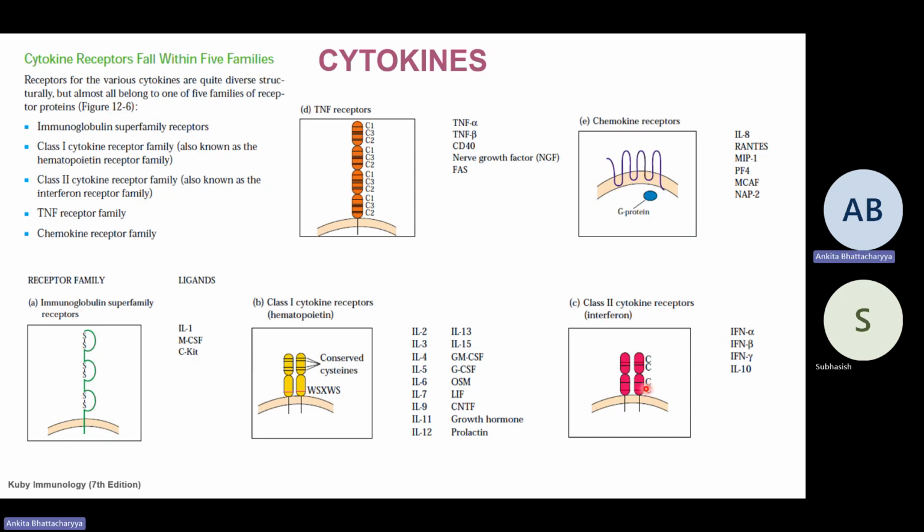And finally, the fifth family is the chemokine receptor family, and of course, its key distinguishing factor is its arrangement on the membrane. Like if you see here for the immunoglobulin and TNF families, there is one individual receptor molecule which is embedded on the cell surface.